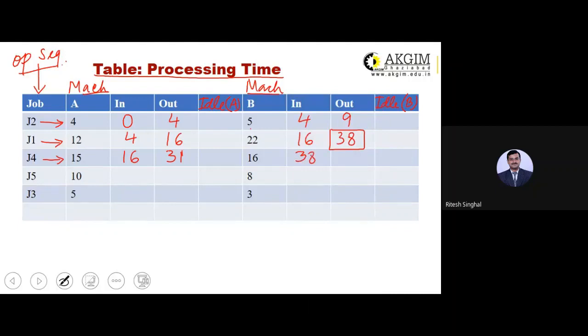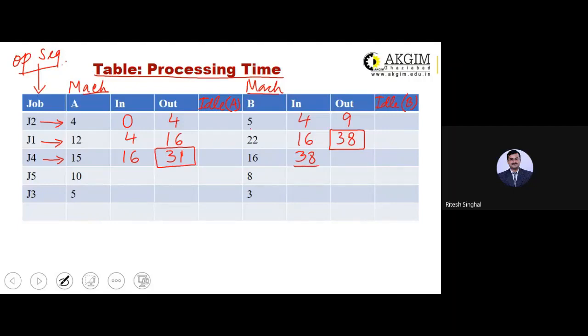It means you can only start a particular job when the job and machine both are ready to function. You can remember it like this. Whenever these two box values are showing here, write the maximum value here.